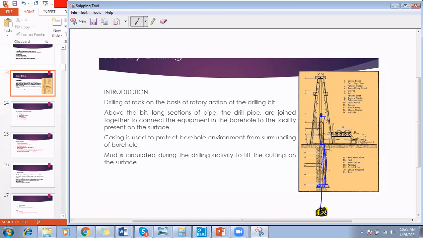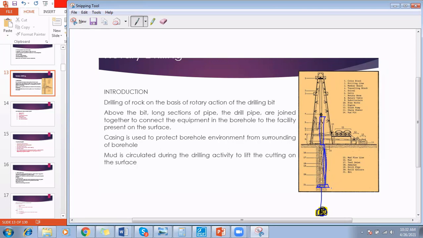And during the process of rotary drilling, mud is circulated. Why is mud circulated? Mud is circulated so that you may lift the cuttings from the subsurface to the surface.